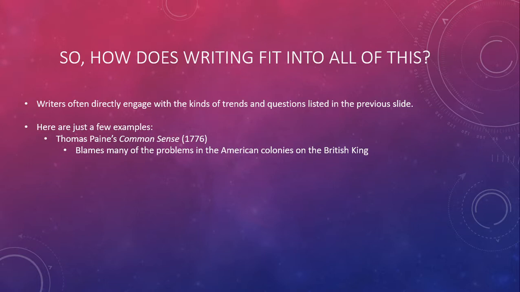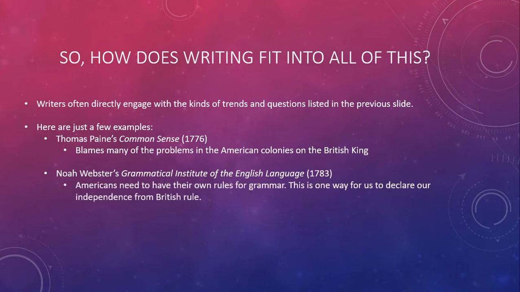Then, and this is your second example, in 1783, a man named Noah Webster publishes Grammatical Institute of the English Language. The idea here is that creating American rules of grammar is a huge way to declare ourselves independent from the British monarchy or the British government. The result is one of the first American dictionaries.